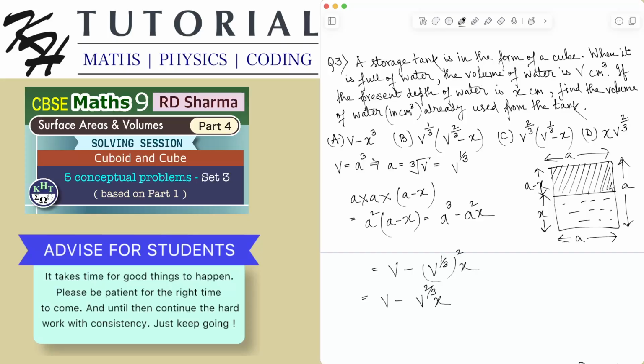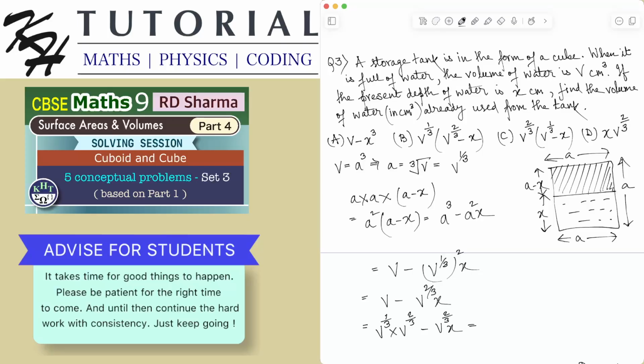Definitely choice A is not correct. For choice B, let me see. V can be written as V to the power 1 by 3 multiplied by V to the power 2 by 3, and we have minus V to the power 2 by 3 x.